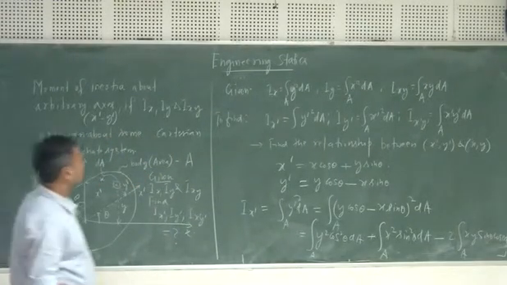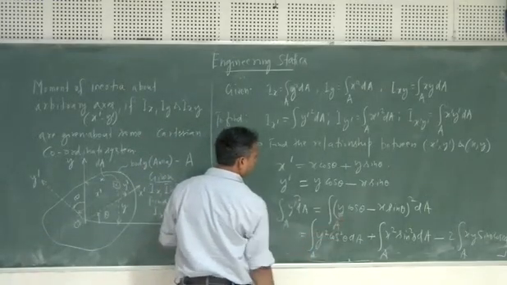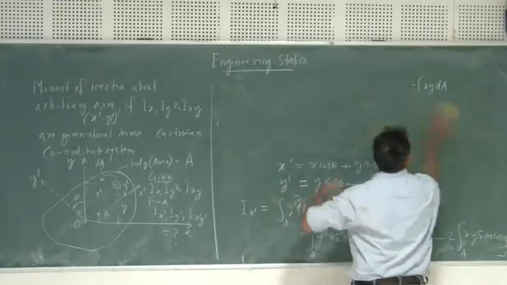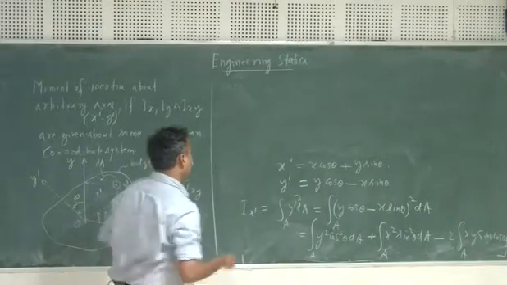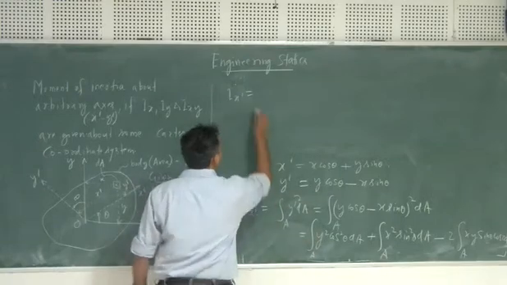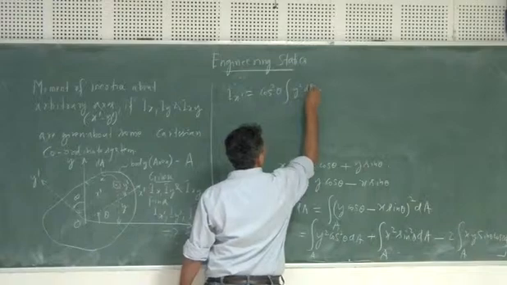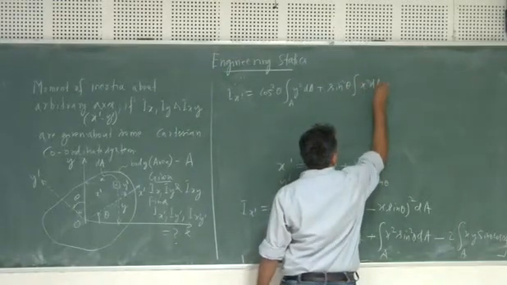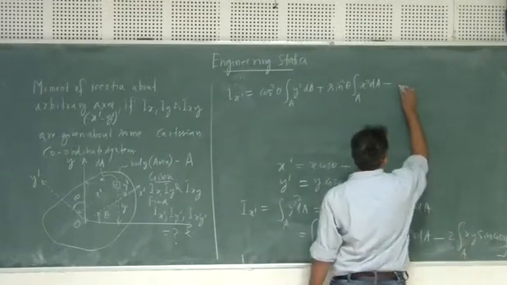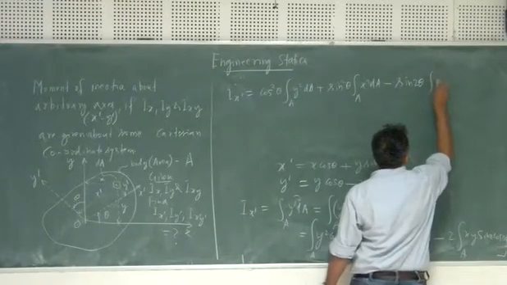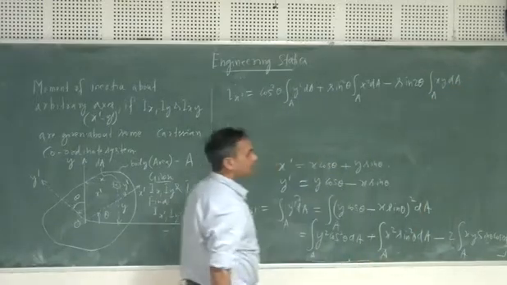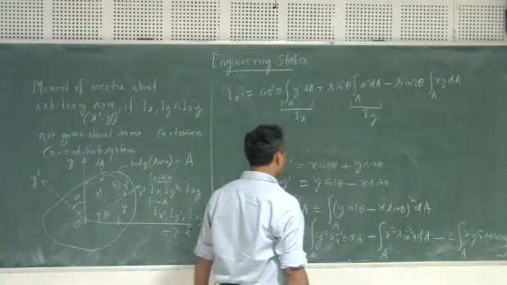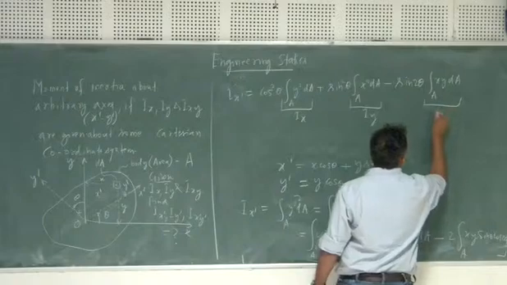Now substituting for cos theta out of this integration, this Ix dash will become cos square theta y square dA over A plus sin square theta x square dA over A minus 2 sin theta cos theta, which is nothing but sin 2 theta, xy dA over A. Based on the definition, this quantity is given by Ix, this quantity by Iy, and this quantity by Ixy.